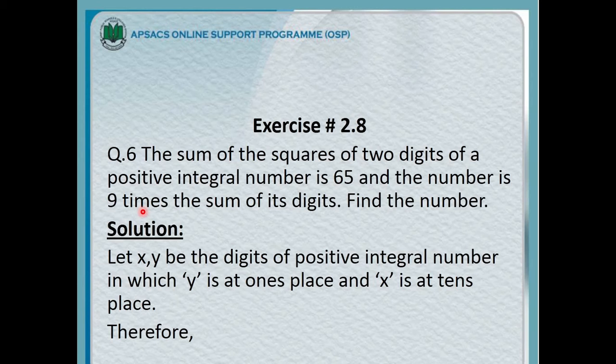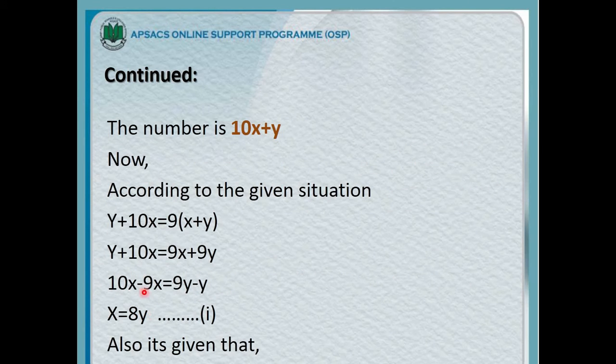In this question, two things are being discussed: the digits of the number and the number itself. So we consider x and y to be the digits of the positive integer, in which y is at 1's place and x is at 10's place. Therefore the number will be 10x plus y.